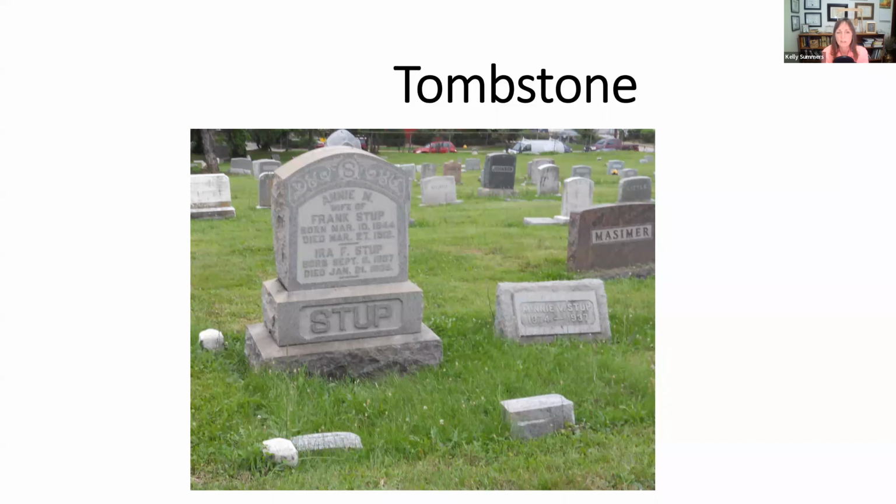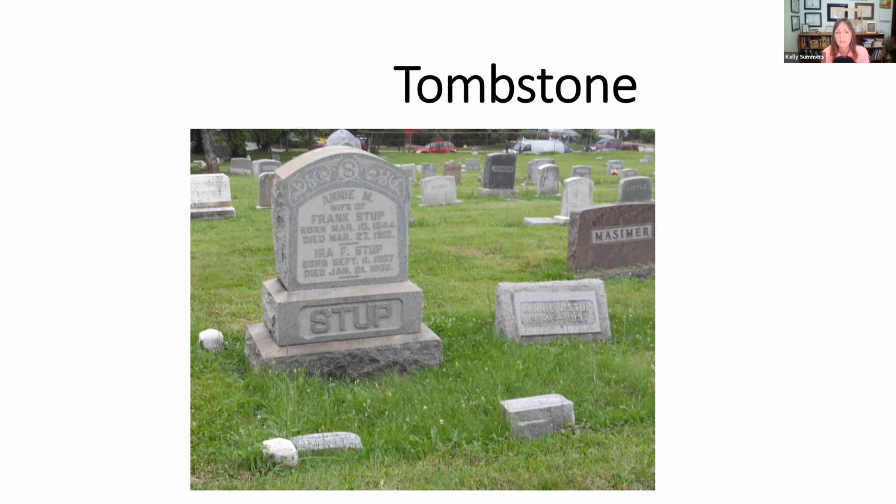Now we want to look at the information that's on the tombstone. Is it primary or secondary? Let's go ahead and read the information. This is a tombstone for Annie M., wife of Frank Stupp. She was born March 10th, 1884, and died March 27th, 1912.